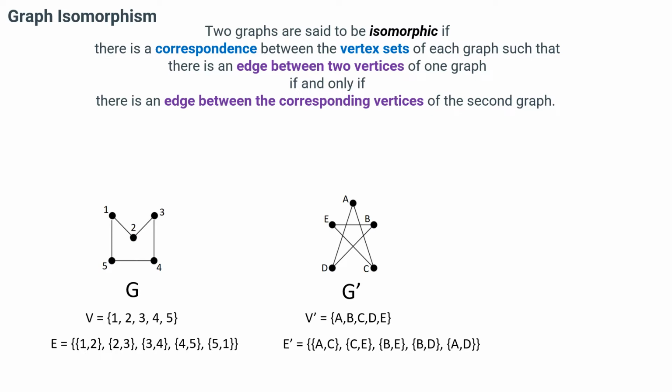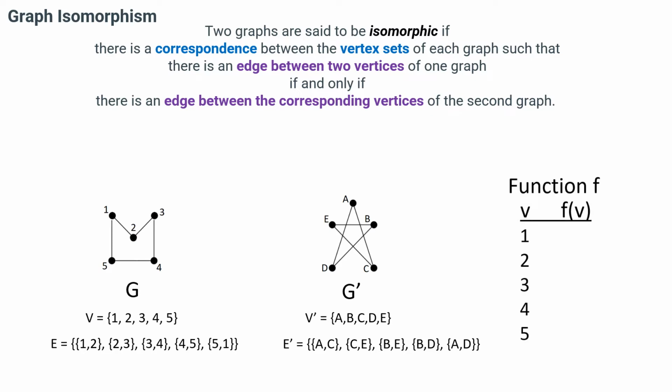Now if these are isomorphic, then we need to find some correspondence between the sets V and V prime such that when there's an edge between two vertices in V for the graph G, there's an edge between the corresponding vertices of the second graph.